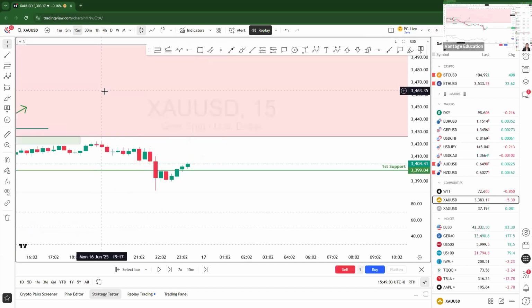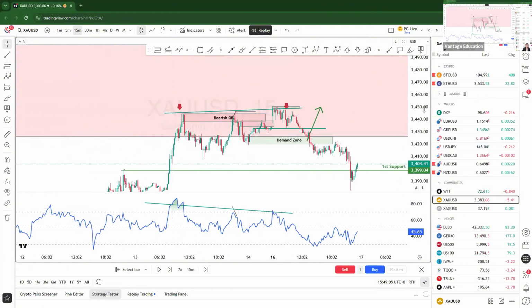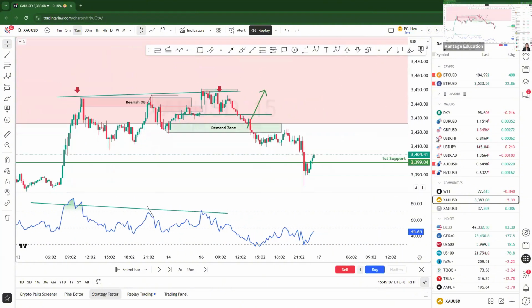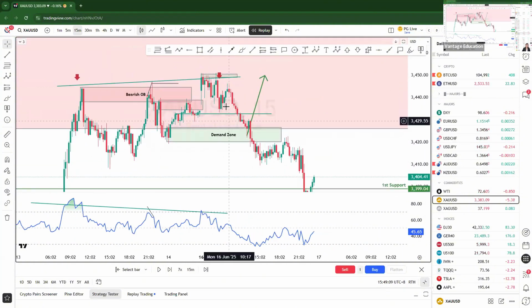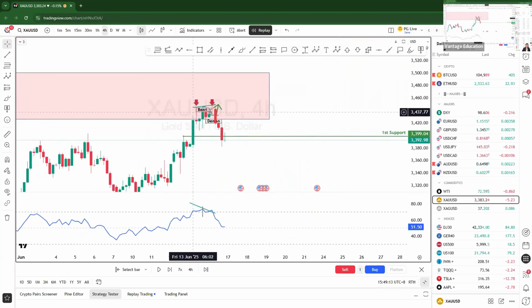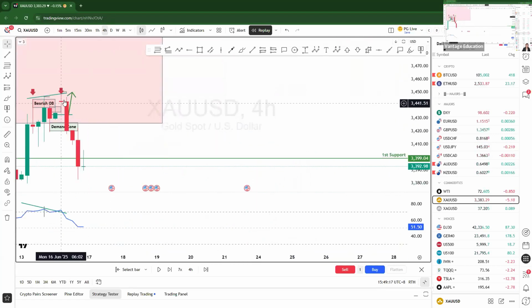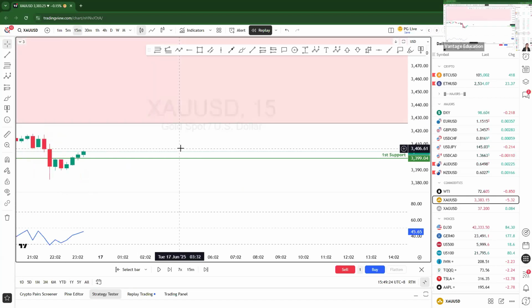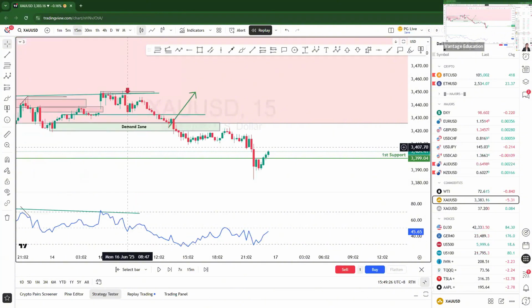Don't always stick to the lower time frame. We go to the lower time frame to see how price reacts, because one H4 candle represents 4 hours. Within one candle, which is 4 hours, we want to see what is happening, so you can go to the lower time frame and find the entry.